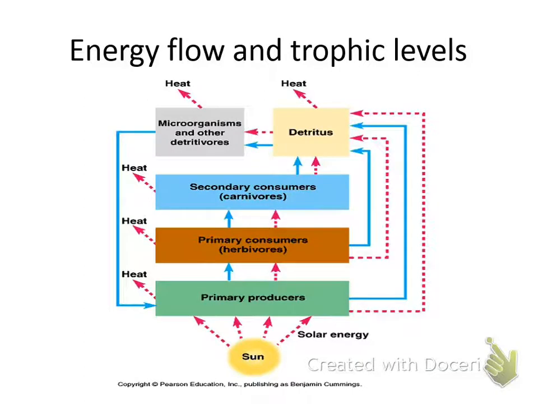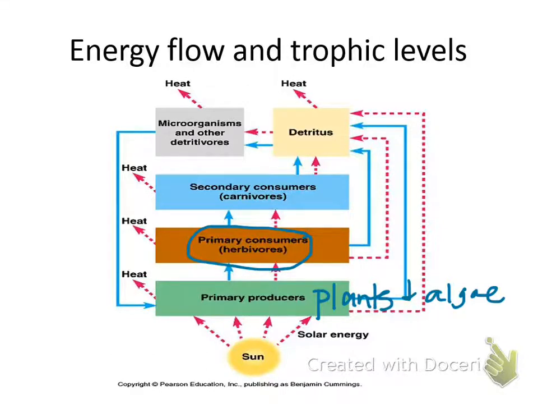So, okay, let's take a second and talk about this picture. The sunlight is giving producers the solar energy to make sugar. And that's your plants and algae. Then the primary consumers eat the primary producers.